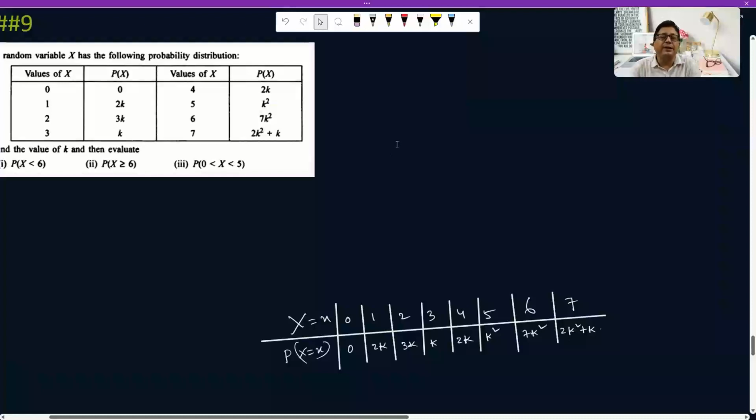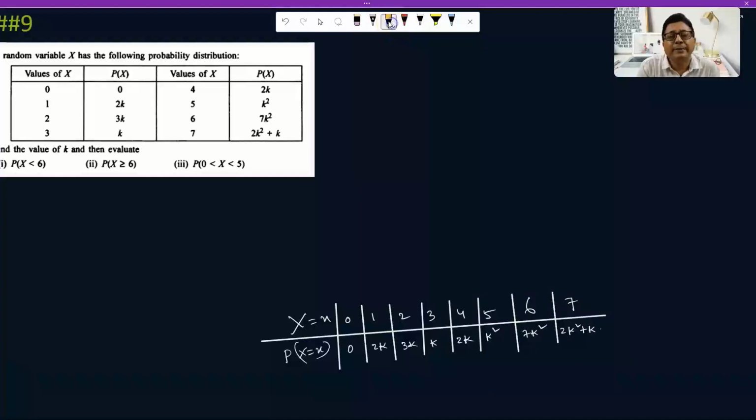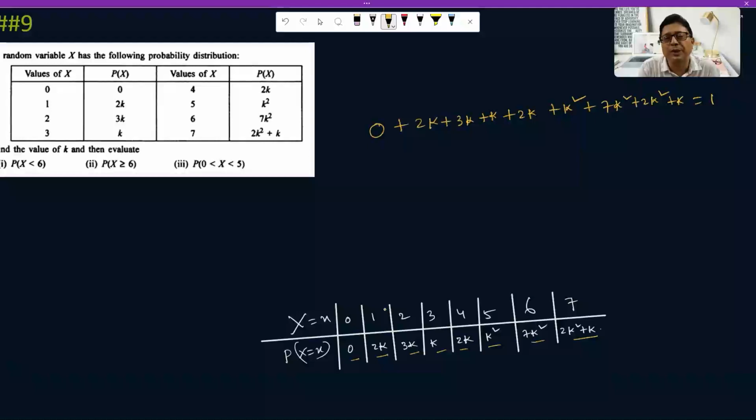First you have to decide the value of k. How do you find the value of k? The value of k can be obtained if we remember the definition of probability distribution, that the sum of these probabilities is going to be equal to 1. So 0 plus 2k, 3k plus k square plus 2k square plus k should be equal to 1.